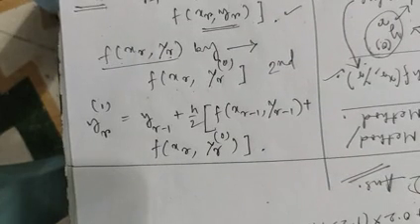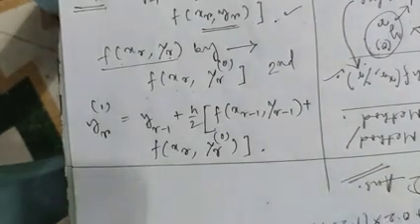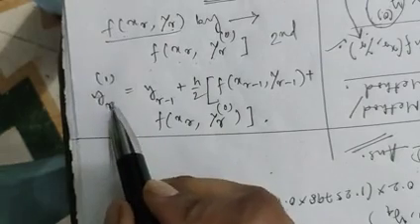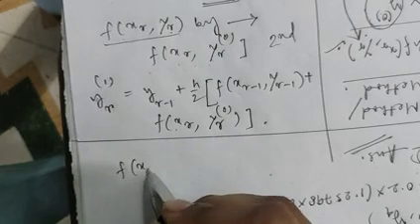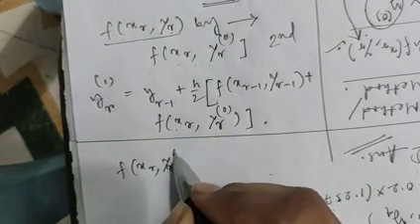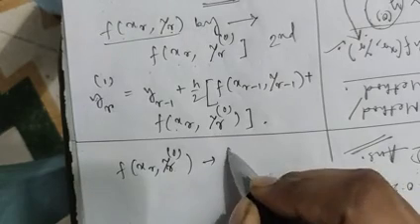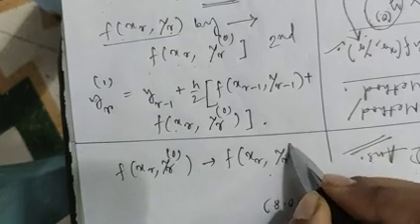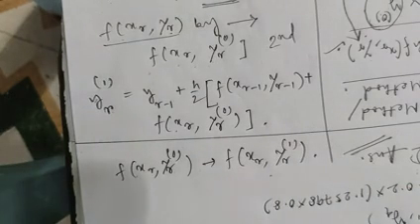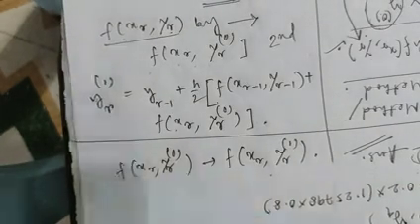Okay. So next step, what will be the next step? To get y_r^(2), instead of f(x_r, y_r^(0)), we will apply over it the approximated value, which is f(x_r, y_r^(1)), to get the third approximation, which is y_r^(2).